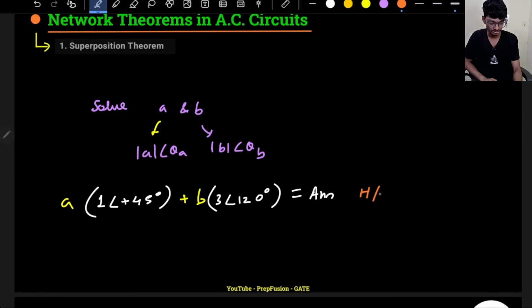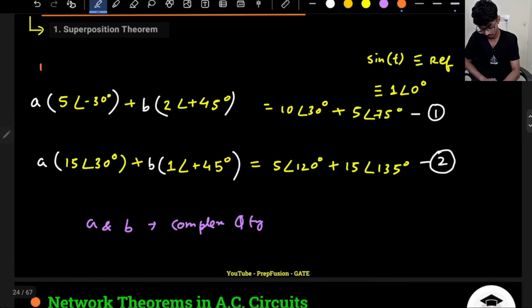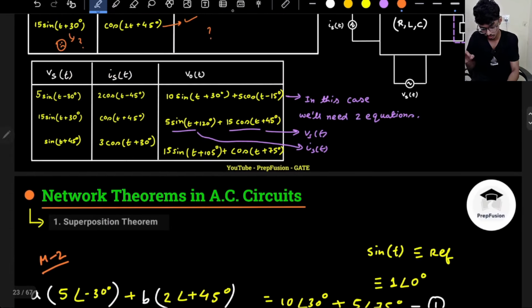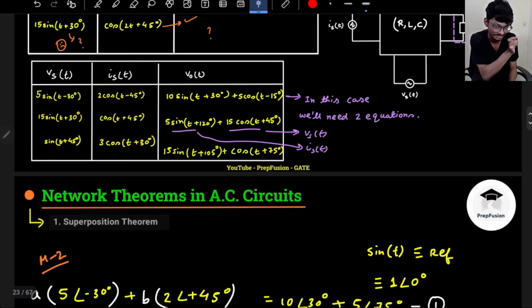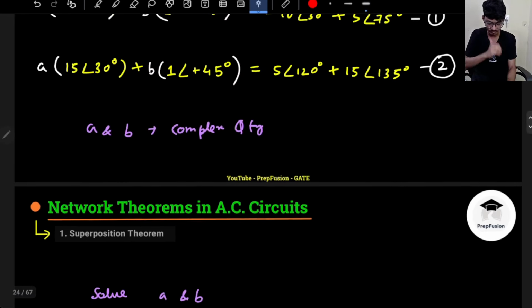So this is method 2 basically, the mathematical way of the superposition theorem. Mathematically, the superposition theorem means this, and visually I have explained exactly what each source response means.